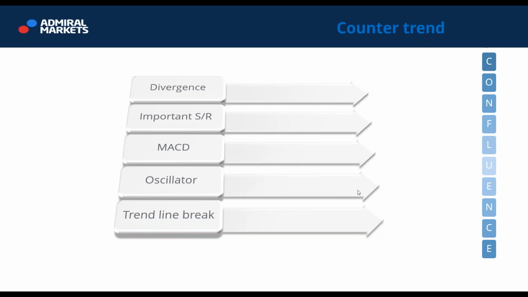When you do counter trend entries, you will usually take care and watch about divergence or maybe important support resistance such as Bollinger Bands, because Bollinger Bands are also used in counter trend trading. MACD also, guys, is important, but it doesn't matter.